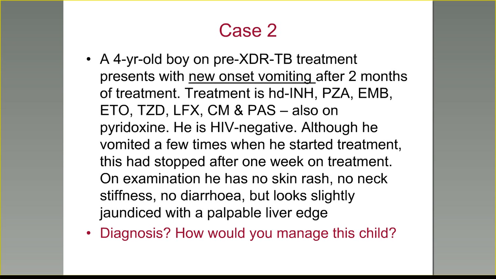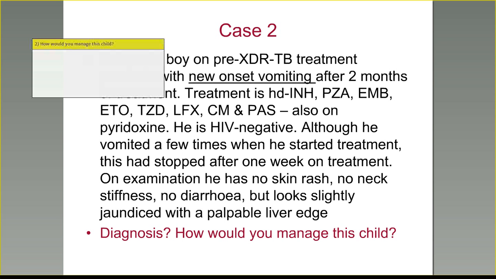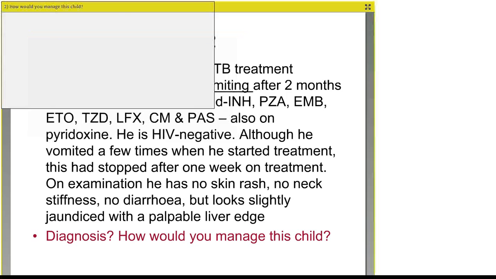He's HIV negative, and although he vomited a few times initially when he started his treatment, this had stopped after 1 week of treatment. On examination, he has no skin rash, no neck stiffness, no diarrhea, but looks slightly jaundiced with a palpable liver edge. So, what is the diagnosis and how would you manage this child? We'll put up the slide for you to answer.